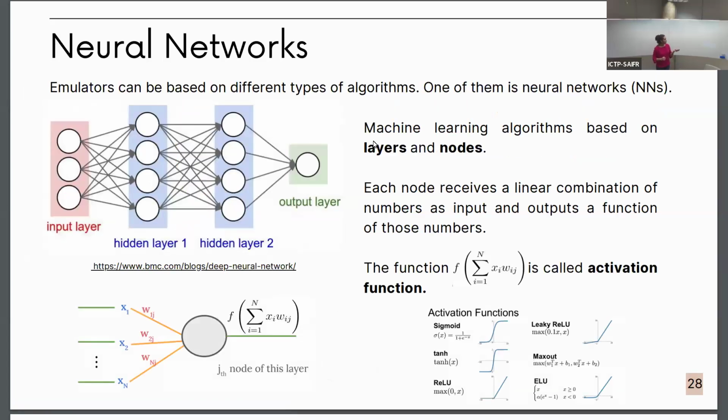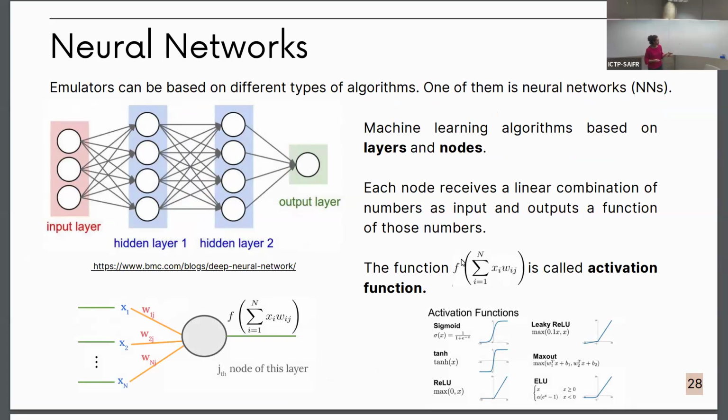You can base your emulator on many machine learning techniques, but we chose to work with neural networks, which are machine learning algorithms based on layers and nodes. For one node, the input is a linear combination of numbers, and the output is a function of these numbers.